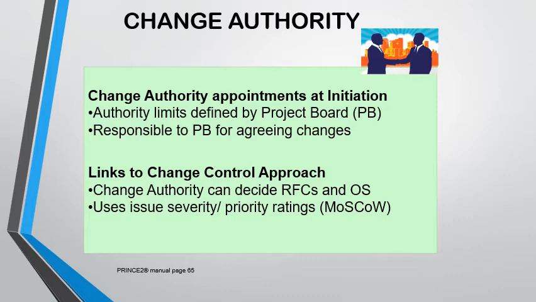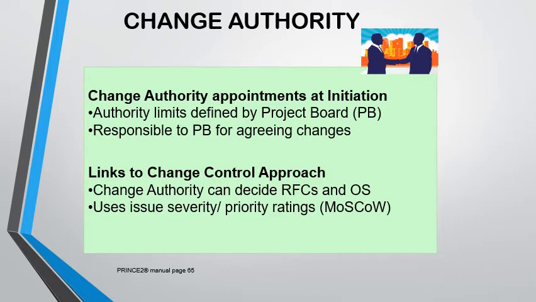Now, in evaluating changes, you might need a technical evaluation, and the project board members may not have such a skill. Hence, they might need personnel who would handle those types of changes. Hence, the position of the change authority is brought into the project management team.